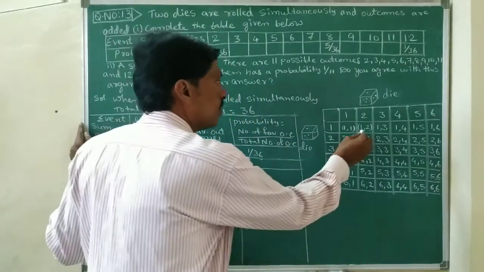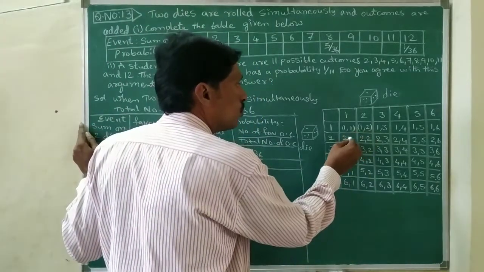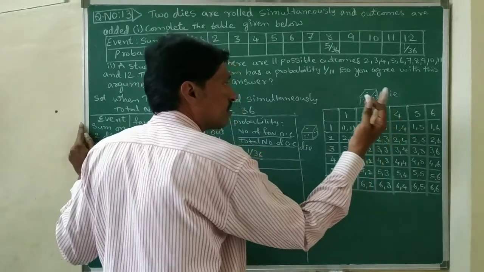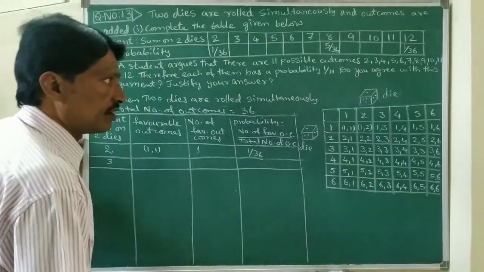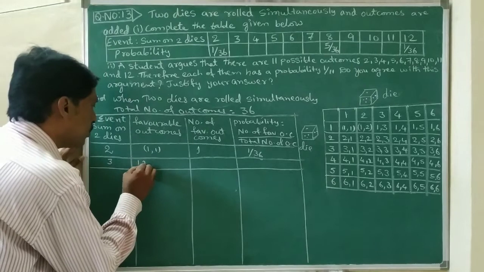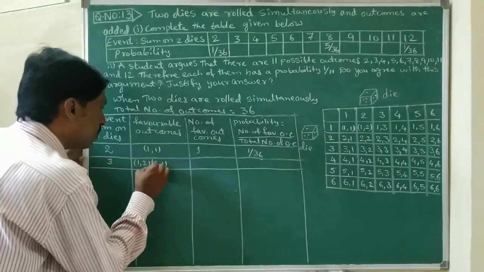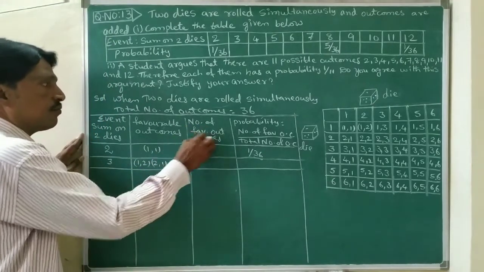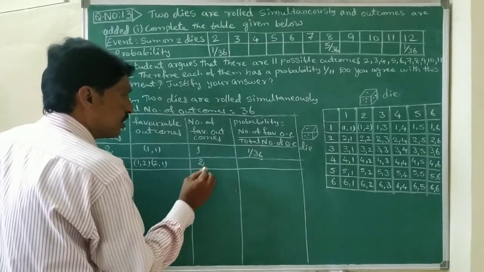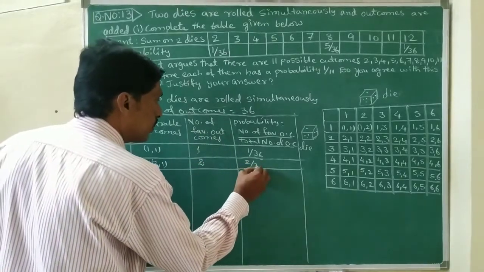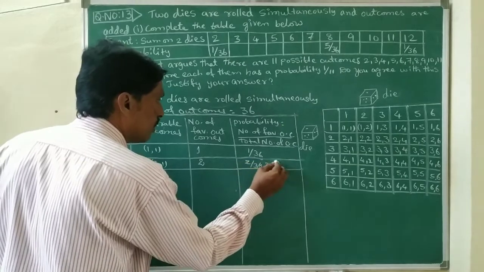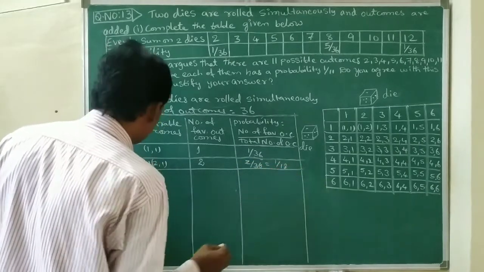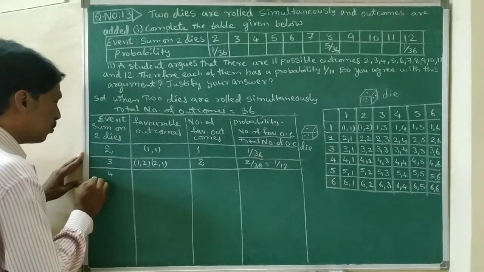Remaining all times we are not getting a sum of 3, means only 1 comma 2 and 2 comma 1. Total number of favorable outcomes is 2. Means 2 by 36, that is 1 by 18.